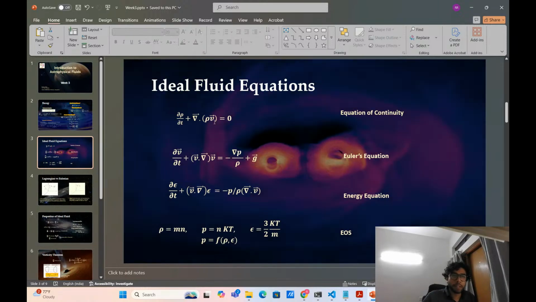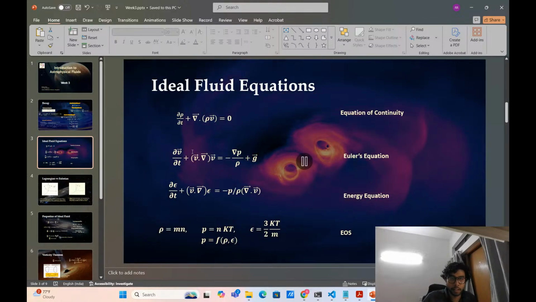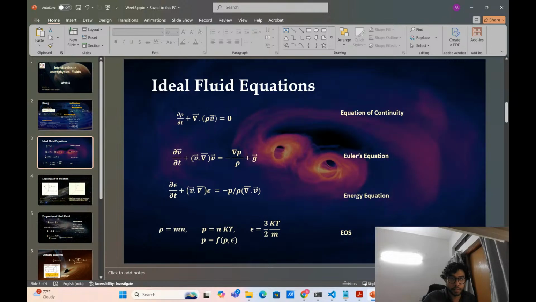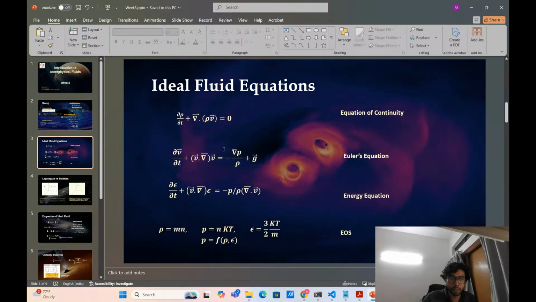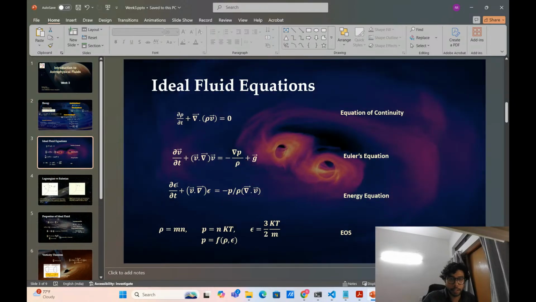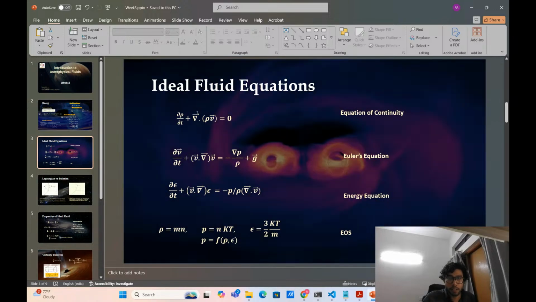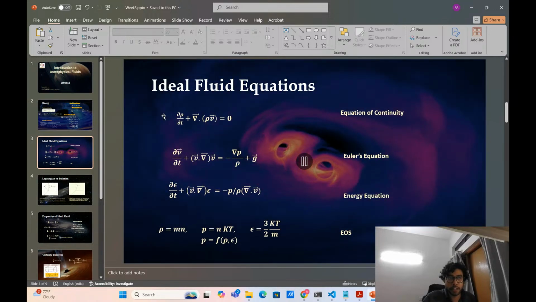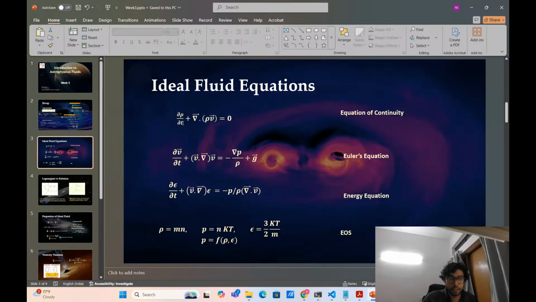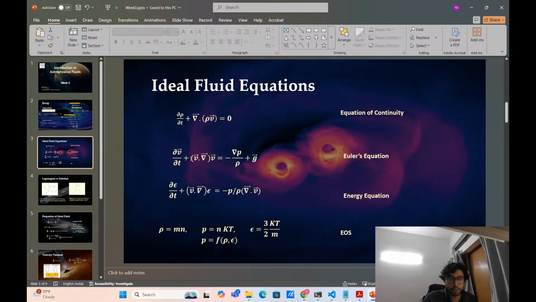Now, from these three equations, we got three corresponding equations. Let's check how many variables we have. We have rho, one variable. The V vector has three variables, so four. P is another variable, five. And we have epsilon, six variables. So six variables, and how many equations do we have? This is one equation. This is a vector equation, so it is not a single equation.